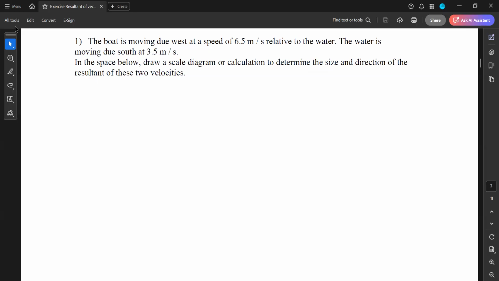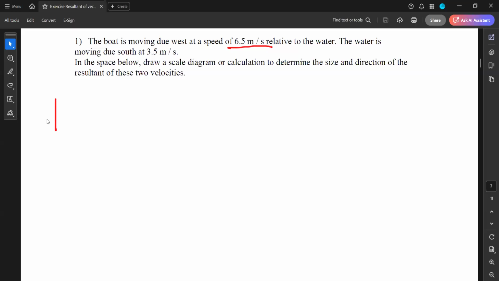First thing, a boat is moving due west at a speed of 6.5. We have north, south, east, west. So the boat is moving due west. What is the direction of the boat? Towards the west. In the question, the boat is moving due west at 6.5 meters per second.